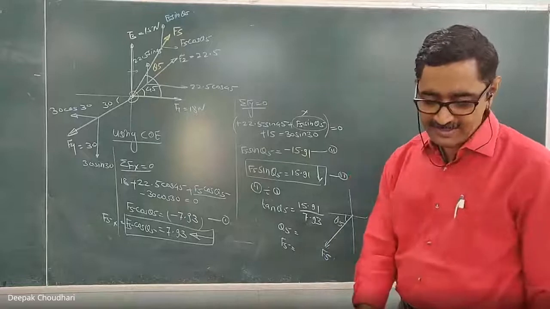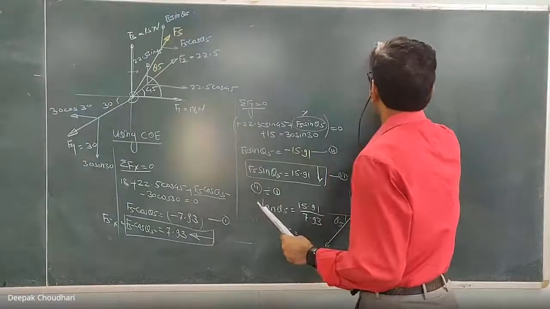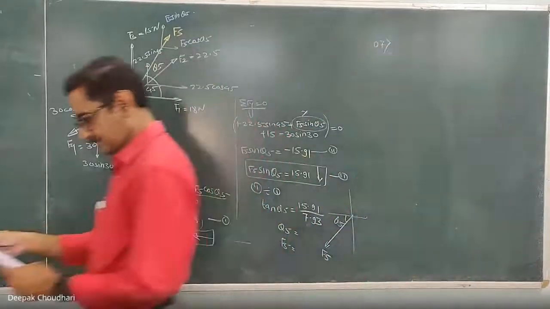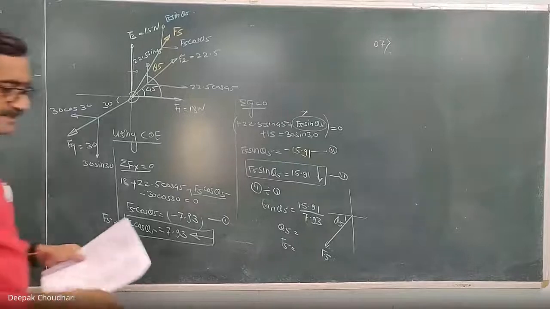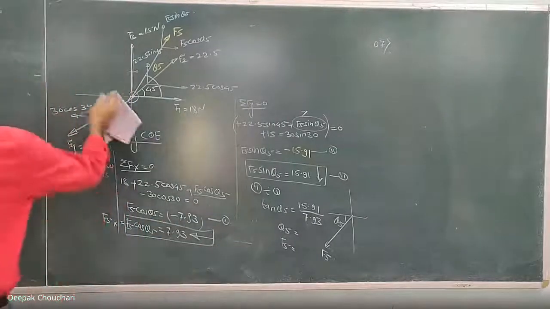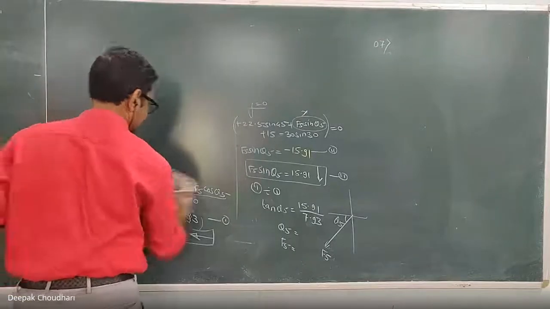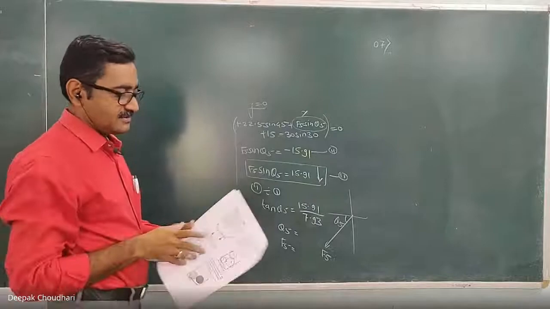We'll solve sum number 7. Have you got the answer? Did you get F5 and theta 5? Have you got this answer or not?